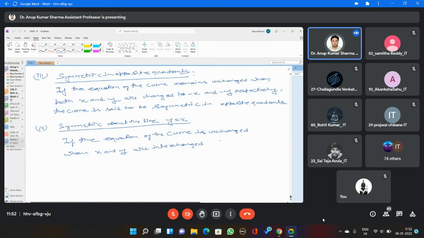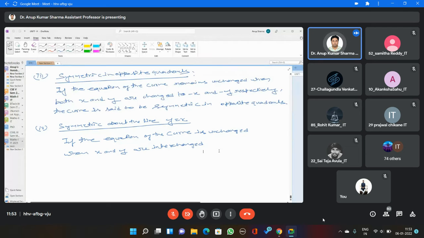So when we understand symmetrical about y is equal to x, when you interchange x and y, it means x is changed to y and y to x, like interchange.